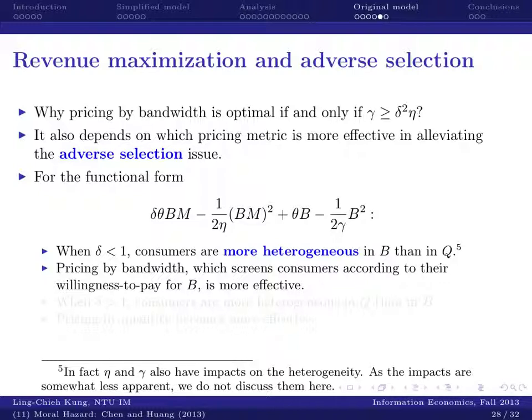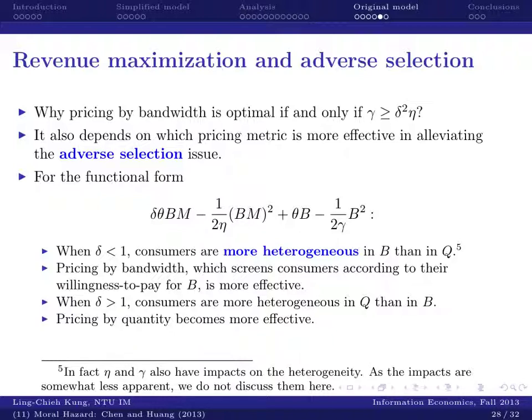If you are able to screen on one part, you're going to choose the one that is larger. Here, if delta is smaller than 1, then for beta the hidden information problem is larger. So that's why you decide to screen this part.